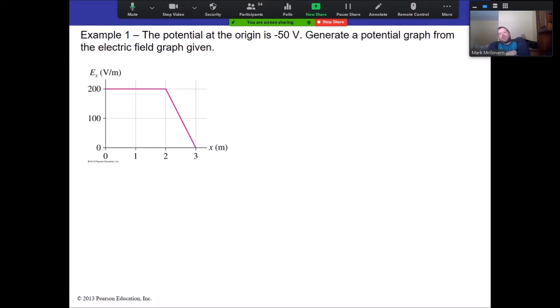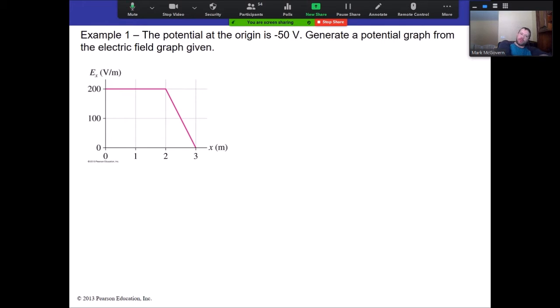All right, let's do another example here. The potential at the origin is minus 50 volts. Generate a potential graph from the electric field graph that is given. Okay, so what is our electric field doing here? It is constant as we go from 0 to 2 meters, and then it starts to decrease linearly for the next meter.